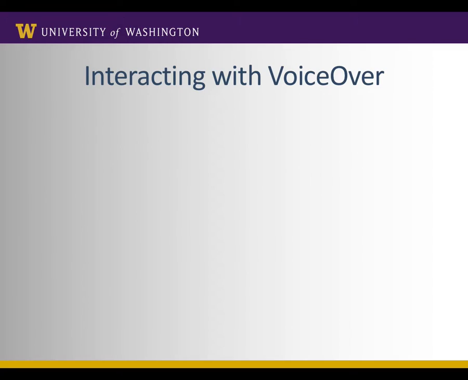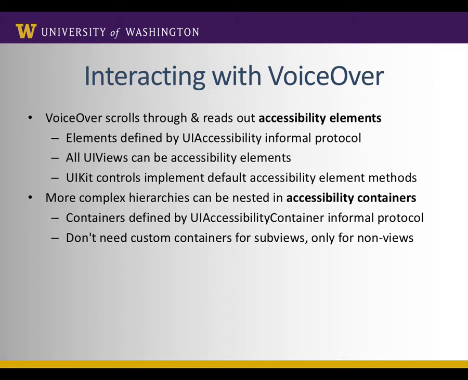Now, the other points that I've called out here are for when you have that case, and I would say it's fair to call it a corner case, that you're not working with a subclass of UIView. So if you're working with something very low level like a CGRect, something custom that you need to add accessibility to, that's when you're going to create accessibility containers and custom accessibility elements.